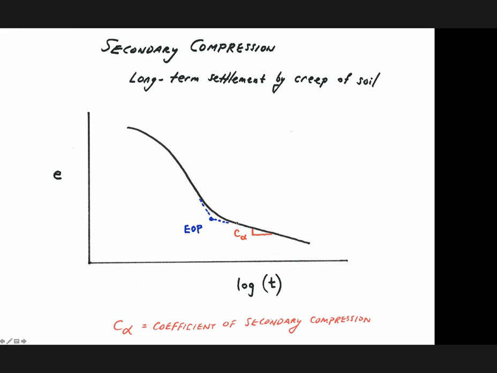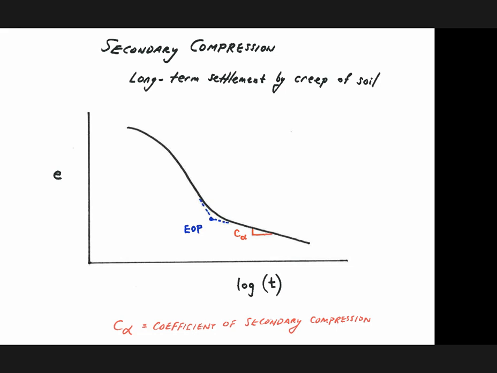And that slope is defined on a semi-log plot like this as the change in void ratio for one given log cycle of change in time. So the rise for a given log cycle of run, in other words.